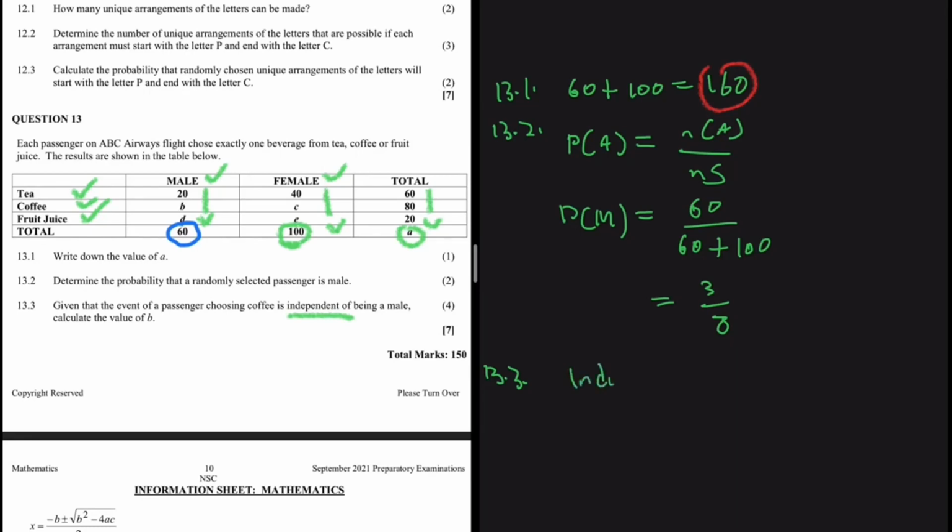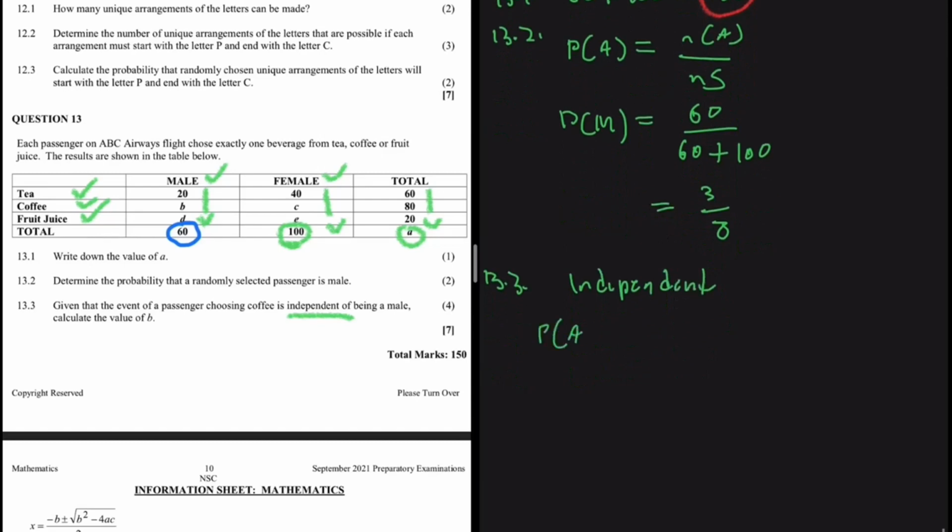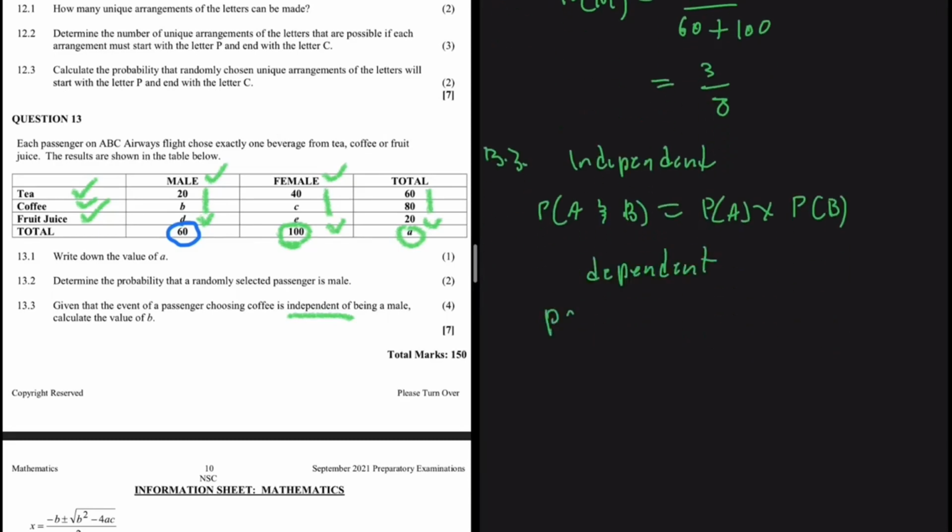So if the events are independent, then the probability of A and B will be equal to the probability of A multiplied by the probability of B. But if the events are dependent, the probability of A and B will be given by the probability of A multiplied by the probability of B given A, given that A occurs. So here we have an independent event, so we're going to stick to this.